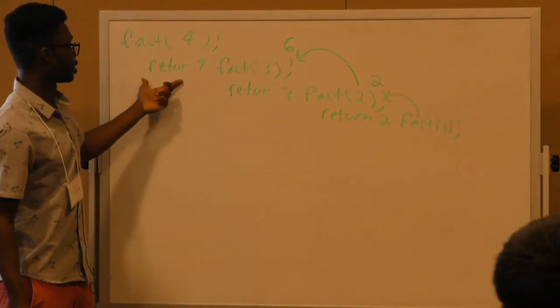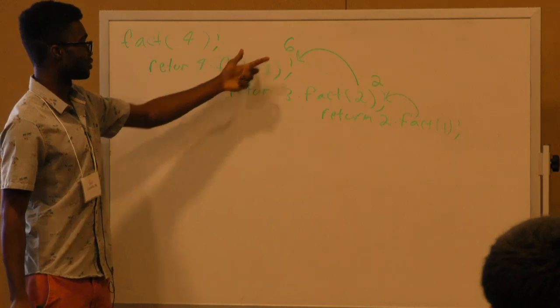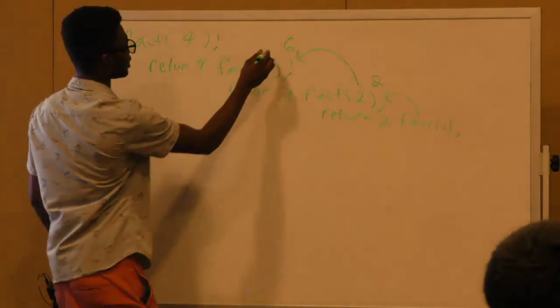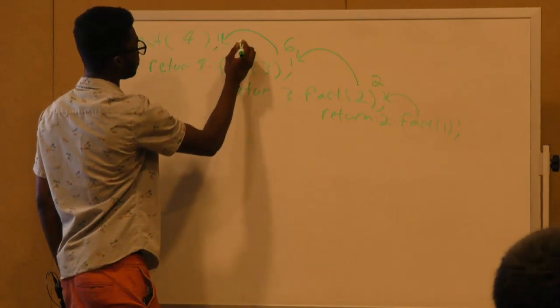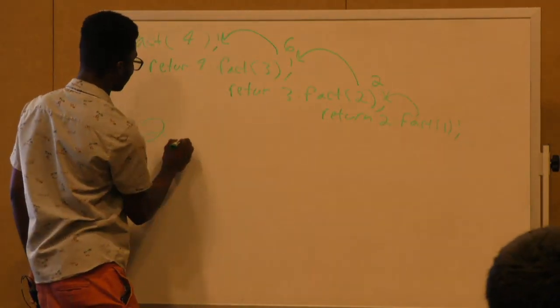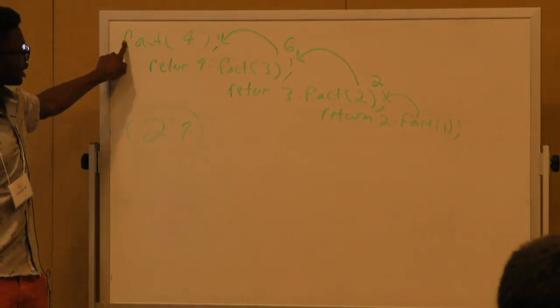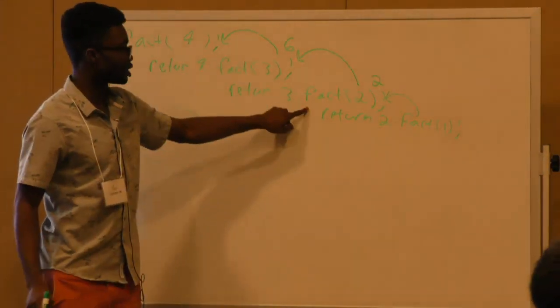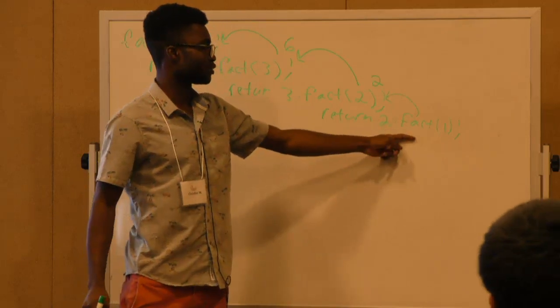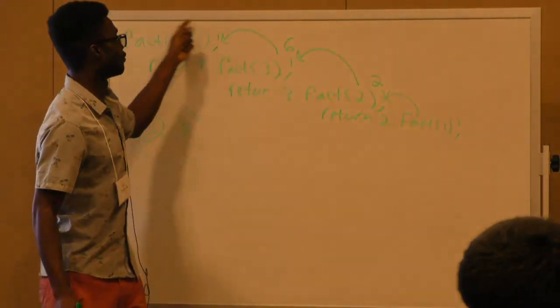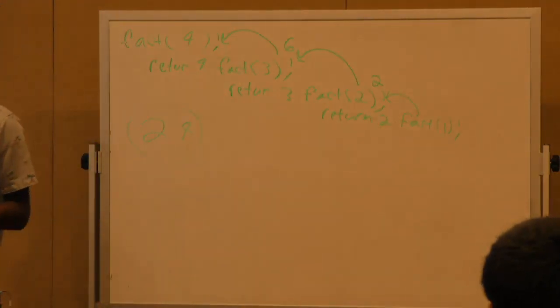Now we have to return 4 times the value of 6, which is 24. So on our last jump, we get the value of 24. At every step, you see how we needed to call the function again, but with a different value, and ultimately, the program traces itself back up to when it was first called.